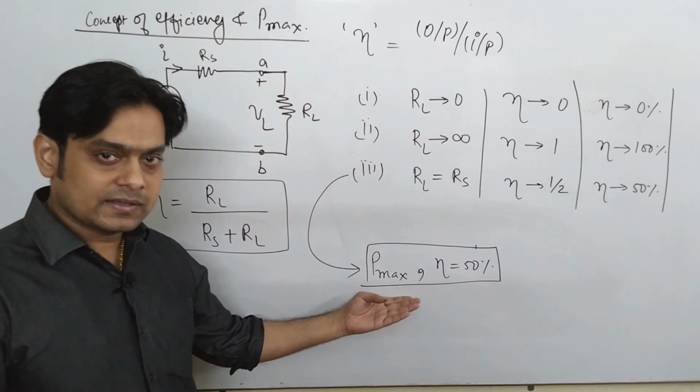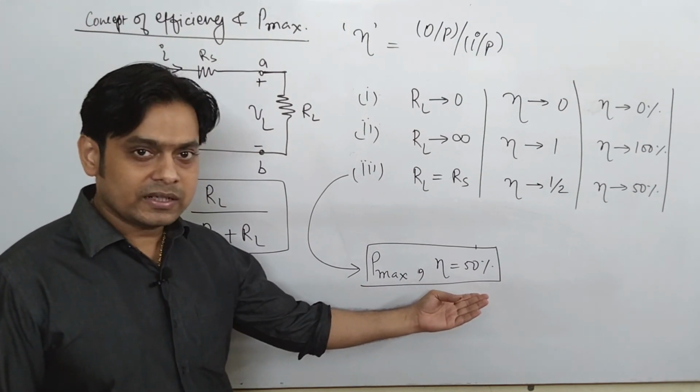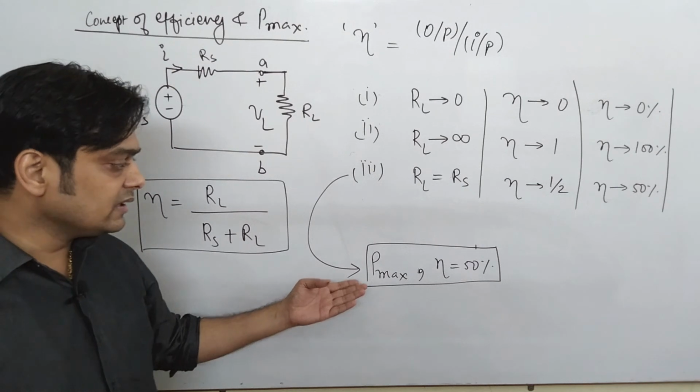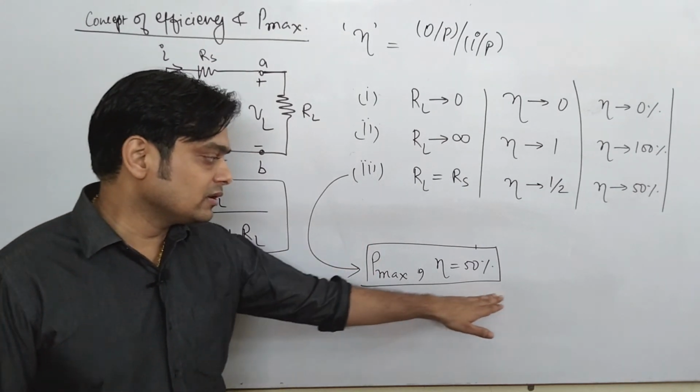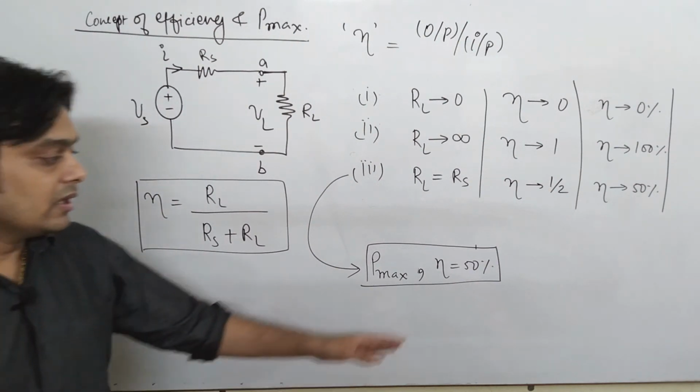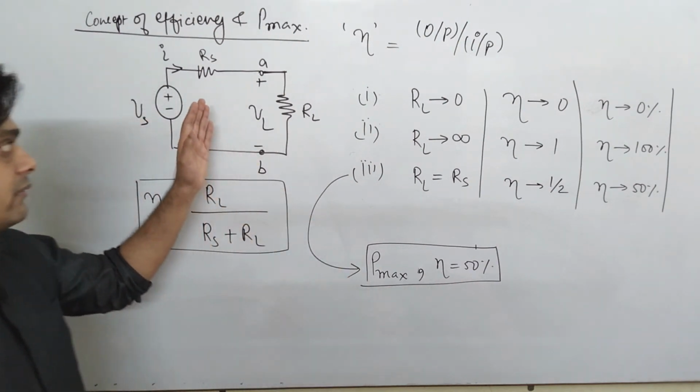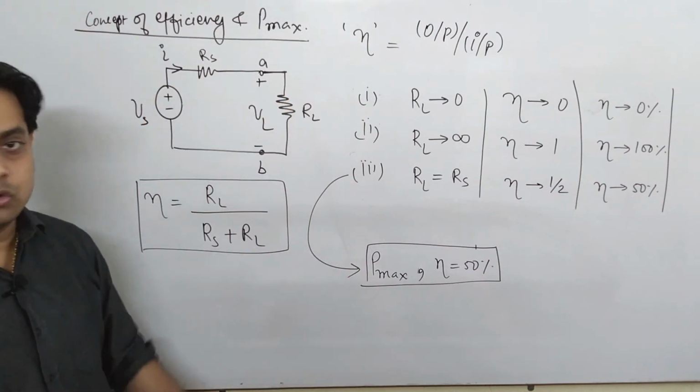Maximum power does not result in maximum efficiency, because when maximum power transfer occurs in a network, your efficiency is around 50%, in the condition when the maximum power is delivered by the network to the load.